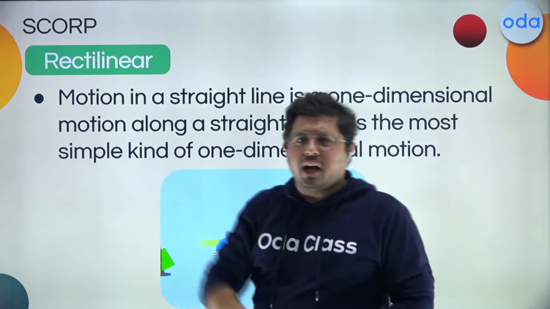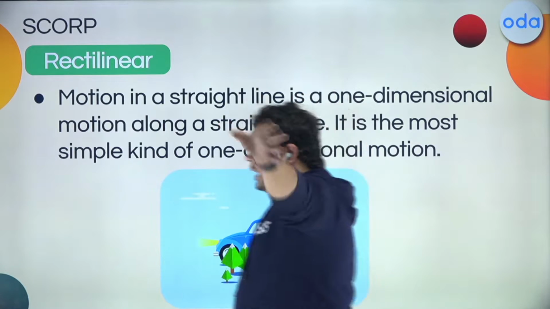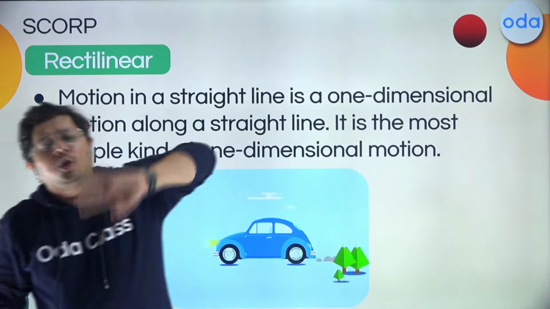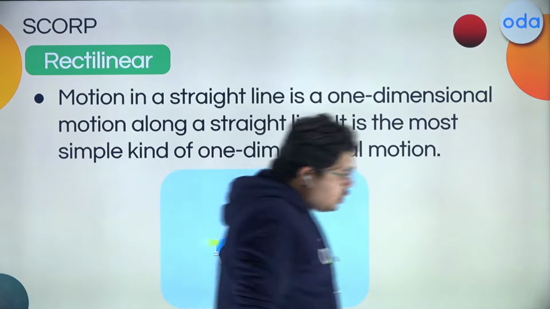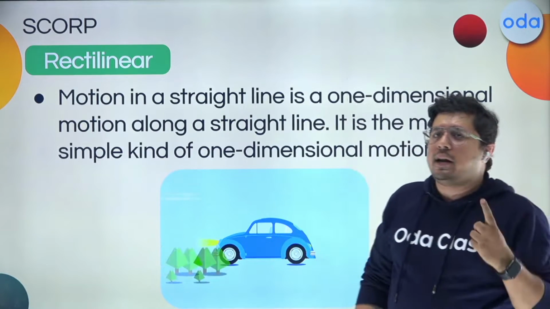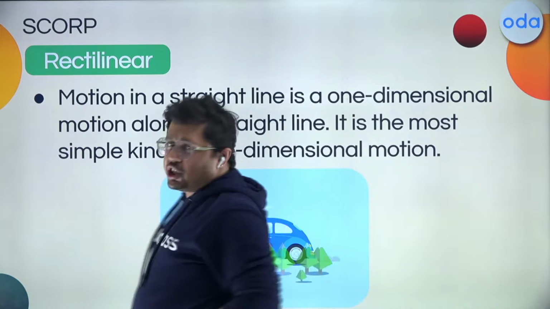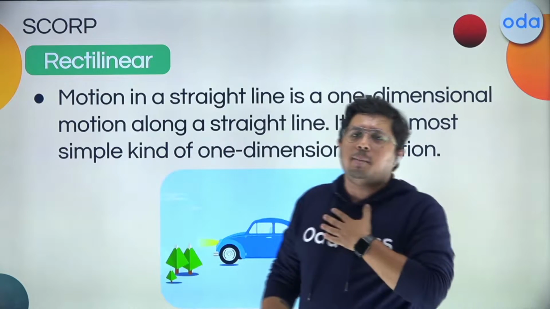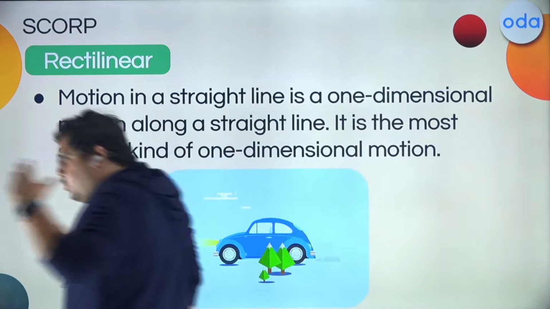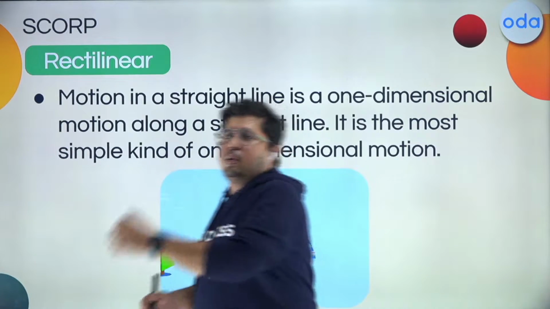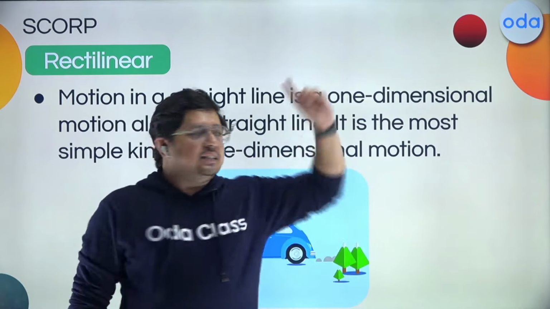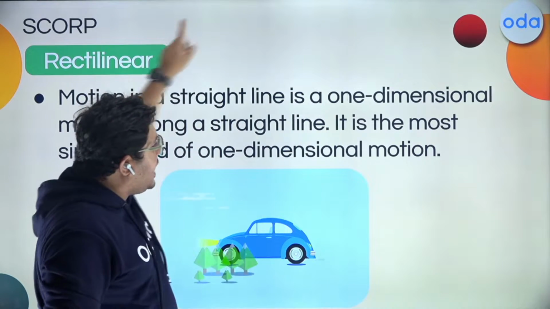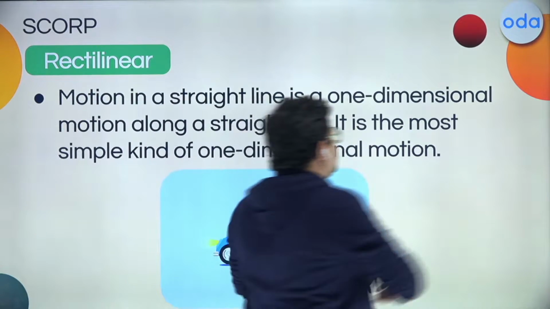Will you run it straight? Of course, 99.9% students will say straight. Those 0.1% are just having fun. Now, there is only one direction. When I say one dimension, there is only one direction that a person can move. For example, right now I am moving forward. I cannot go backward and forward at the same time. This is called rectilinear or straight line motion.